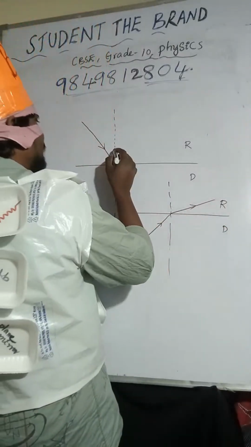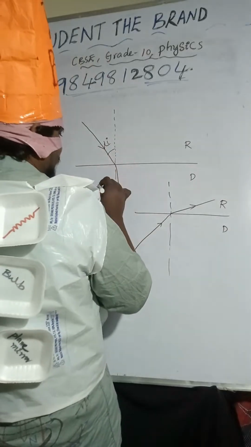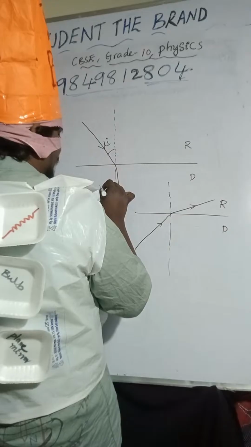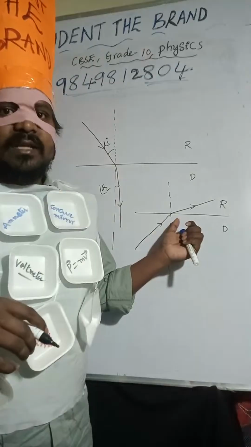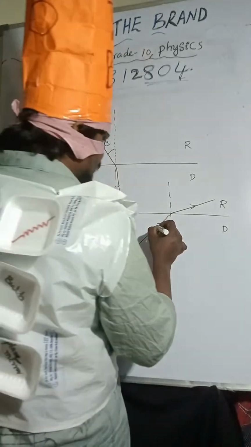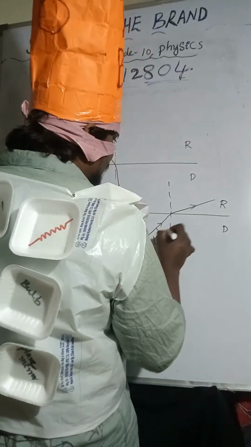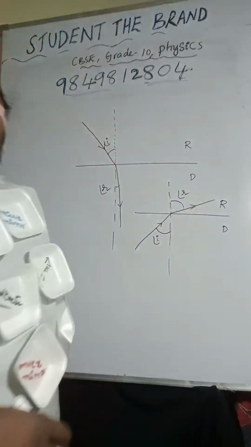The angle between the incident ray and normal line is called the angle of incidence. The angle between the refracted ray and normal line is called the angle of refraction.